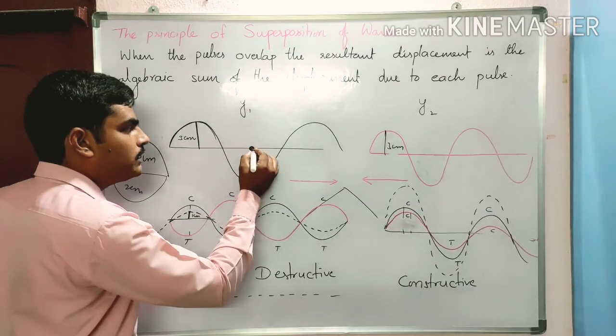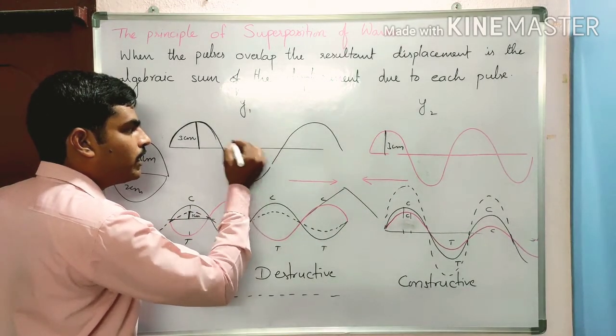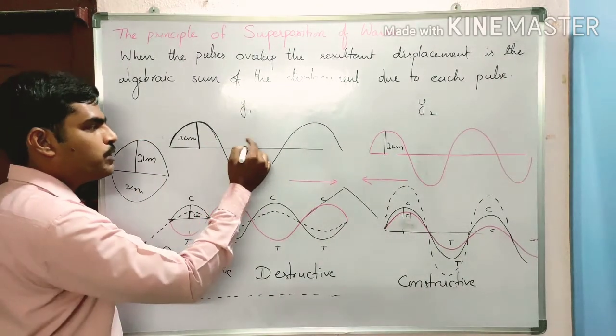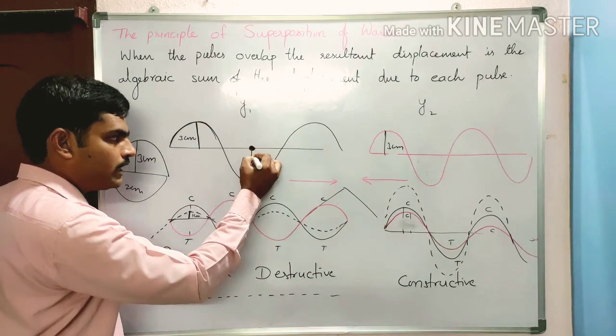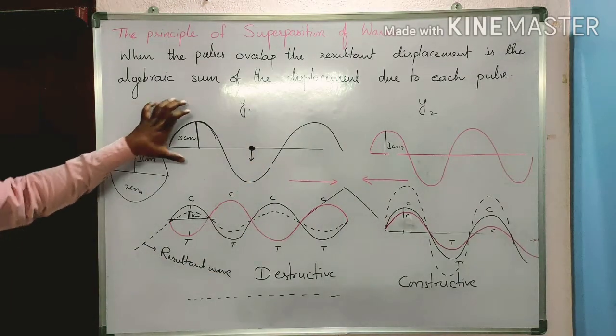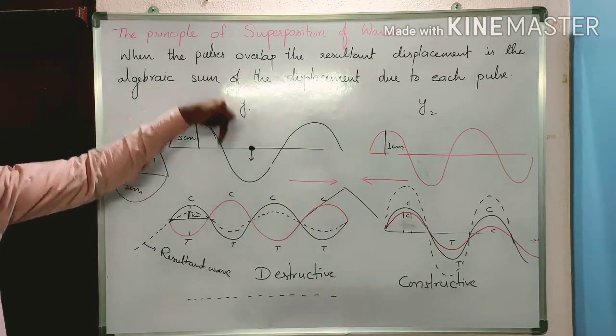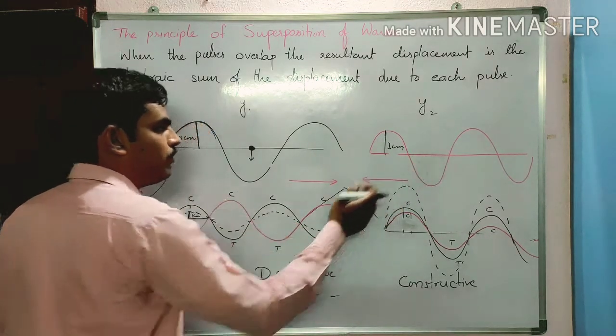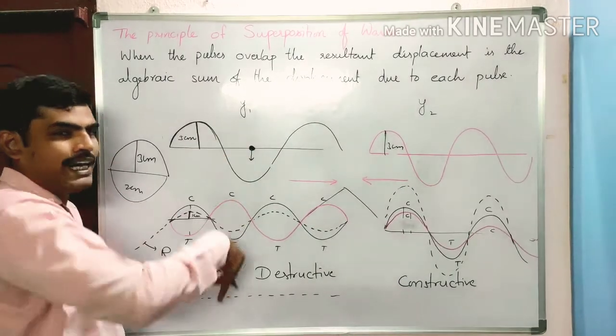Now you have to imagine one particle is there here. And this wave is pushing this particle in the downward direction. The energy which is there in this wave is pushing this particle downward. In constructive interference, trough is overlapping on the trough.